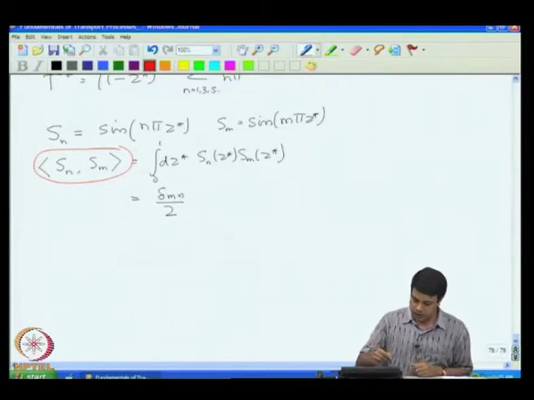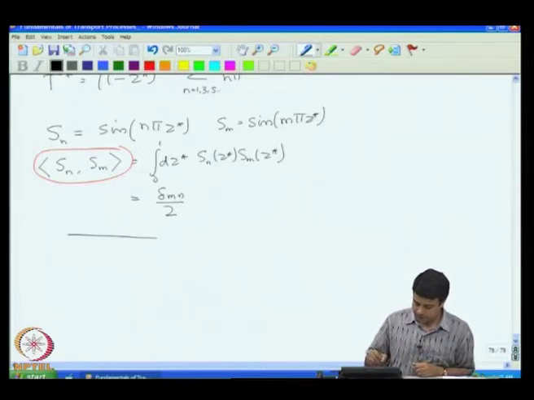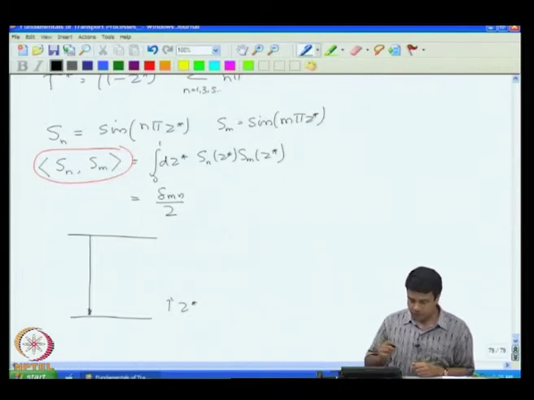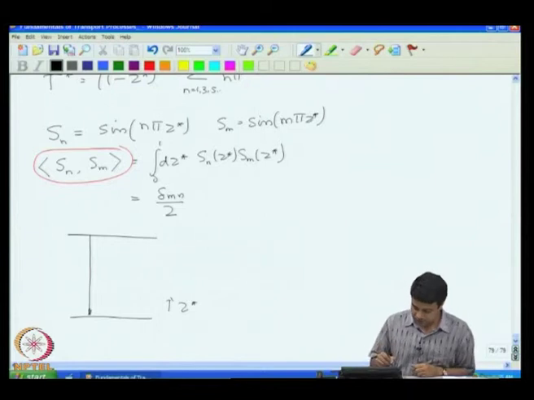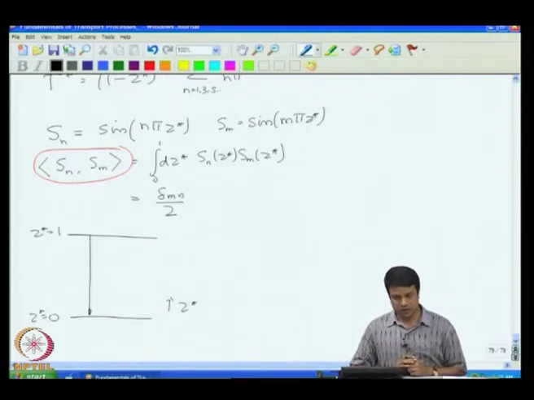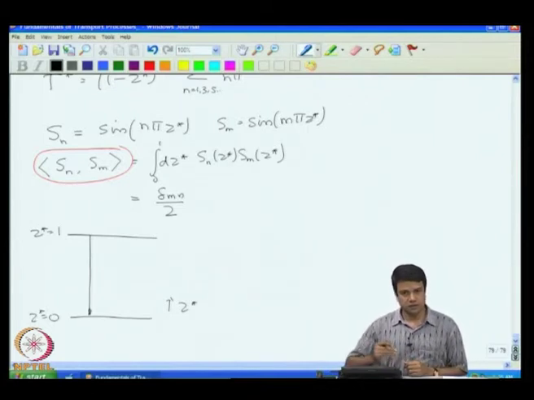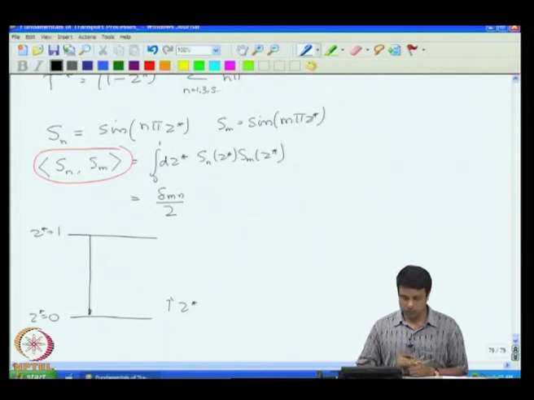What are these functions? Within this domain, I have z star in this direction. For n equal to 1, sin pi z star is 0 both at z star equal to 0 as well as at 1, and it goes to 1 at a half.